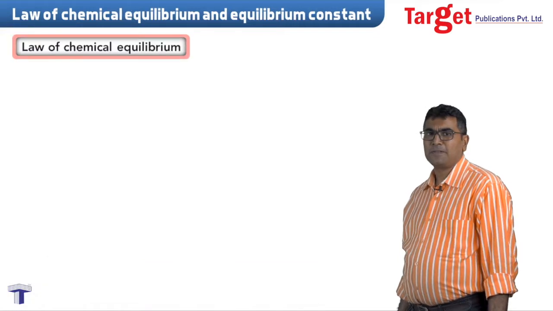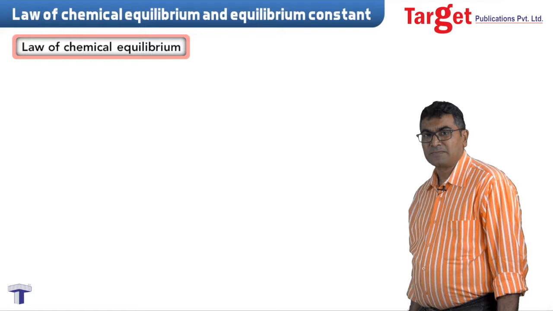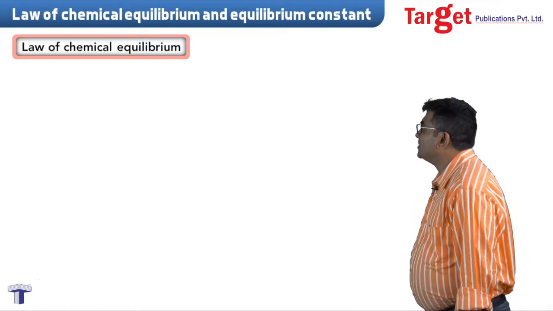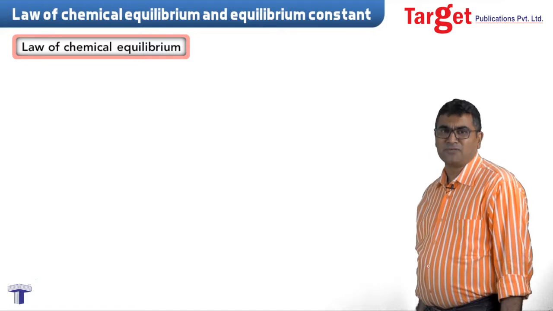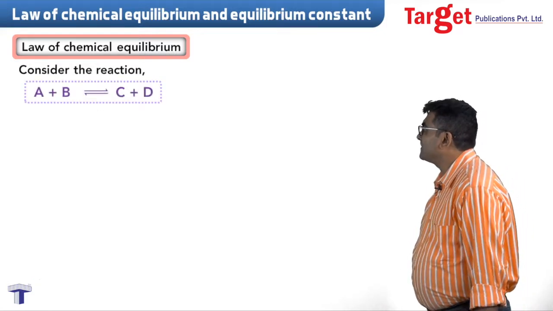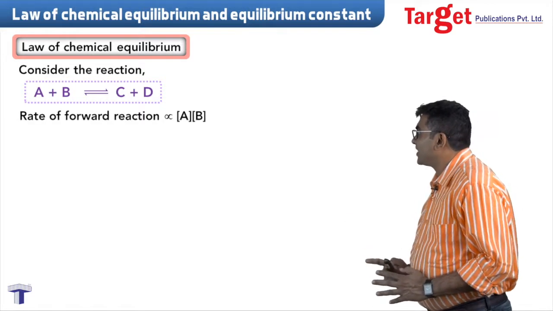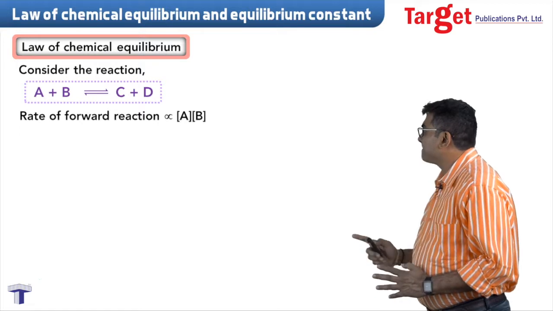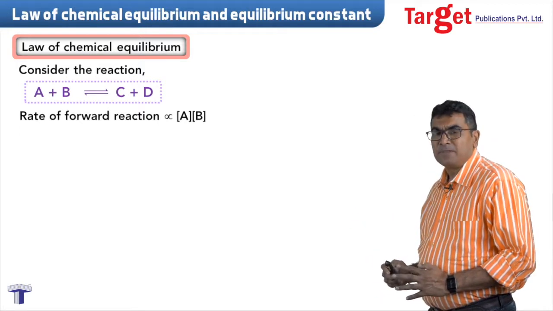Let's go a little further. Look at the application of the law of mass action. Here we now talk about the law of chemical equilibrium. This could also be termed as application of law of mass action. Think of a chemical reaction as given here. Suppose rate of forward reaction is represented by concentration of A into concentration of B. There are no powers here.